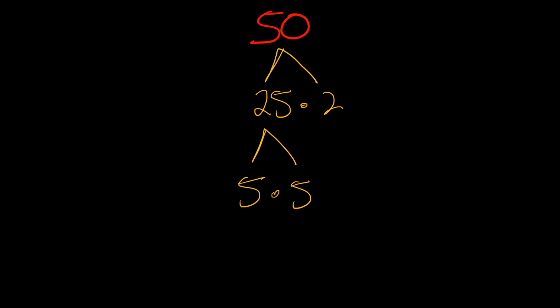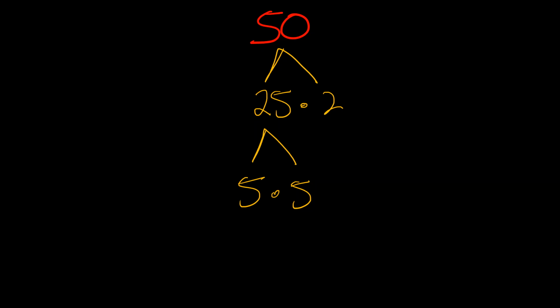Okay, here we have 50. We can think about the factors of 50, two numbers that multiply together to give you 50. Maybe 25 and 2. It's like having 2 quarters. Now we have 25, which can be thought of as 5 times 5. So 5 times 5 gives us 25, and 25 times 2 gives us 50. Notice 5 can't be broken down anymore, and neither can 2.